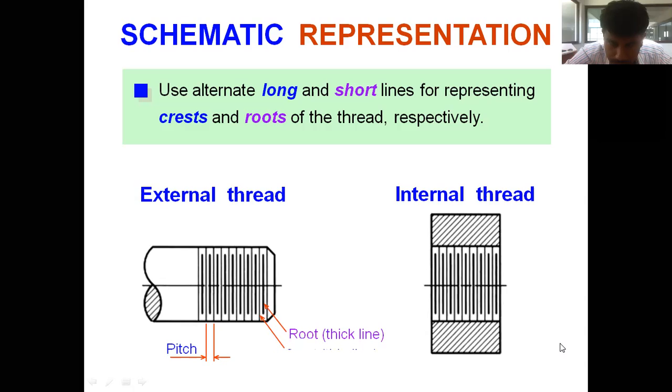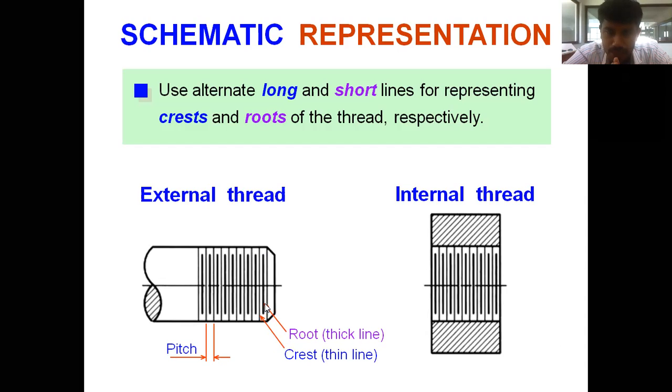So here it is showing the pitch. Root is being shown over here: thick lines for the root and thin lines for the crest. This is very important for representing the things.